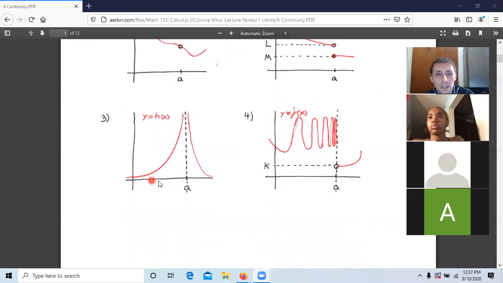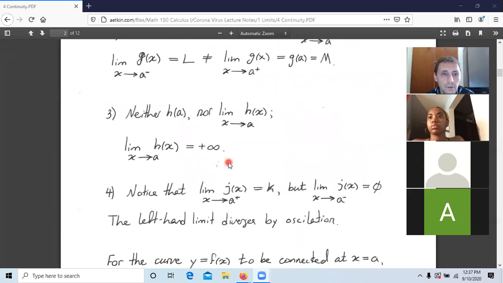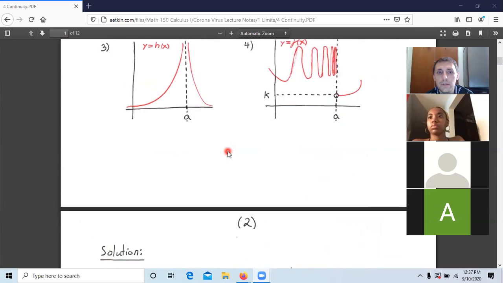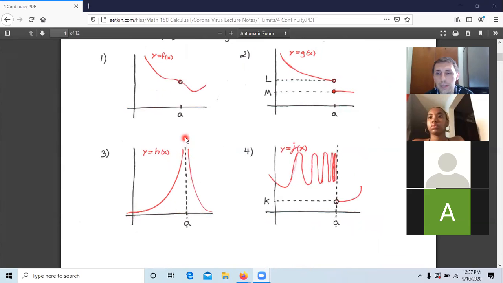Here in 3, when you say an asymptote, what you have is a tear, and we go to infinity. On the left, my finger, when I draw it, goes up forever, and on the right it goes up forever. So for 3, the limit as x goes to A of the function h is plus infinity. We go from left and from the right, we get plus infinity. Does the limit exist, by the way, when I get plus infinity?